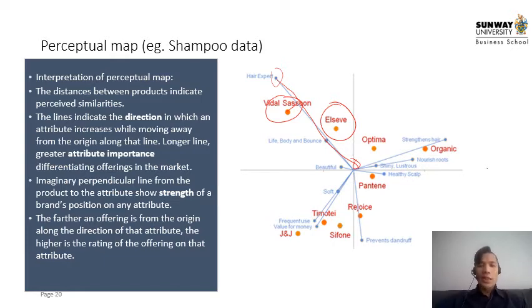The closer it is together, then it's very strong. But the further an offering is away from the origin, okay, means that the brand itself is not known for any strength that differs itself from any other brand. So this is how you see a perceptual map.